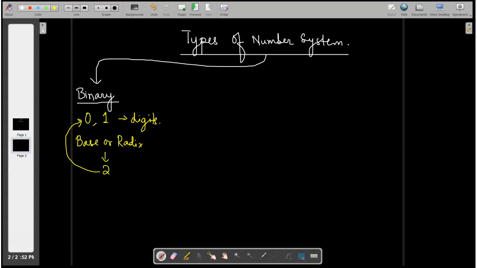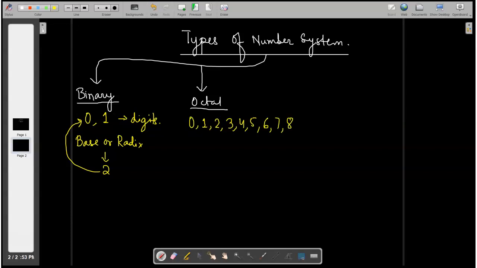Alright. Now, the next type of number system is the octal number system. Now, what is the octal number system? Again, if you see the name, it will tell you that it has 8 digits. What are the 8 digits? 0, 1, 2, 3, 4, 5, 6, 7.